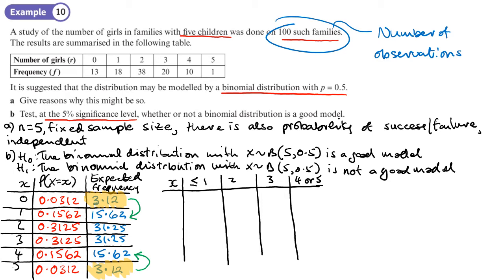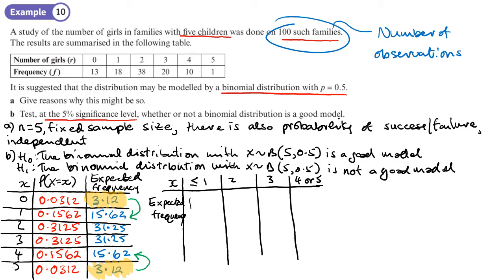So I'll put my expected frequency here in the bottom row, and I'll be ready to work out x squared. I'm going to have the 3.12 plus 15.62, so that's going to be 18.74.